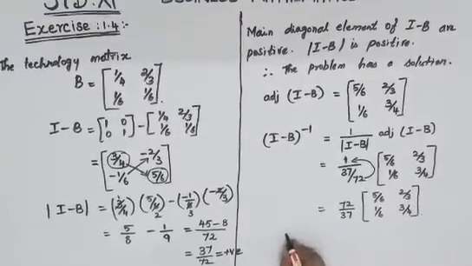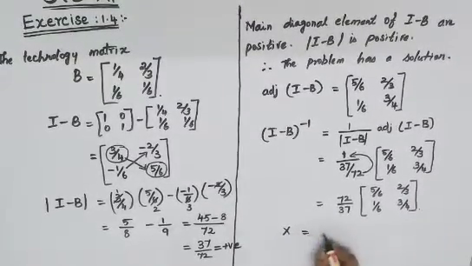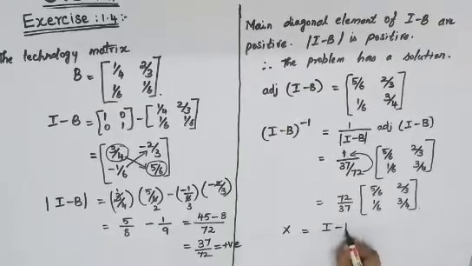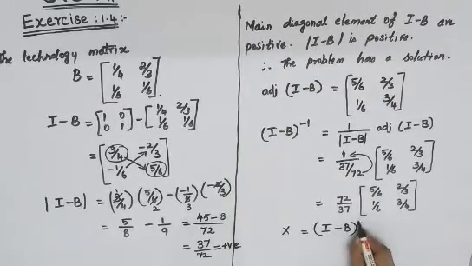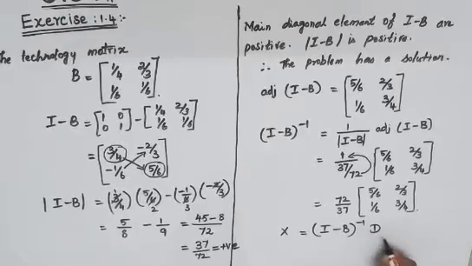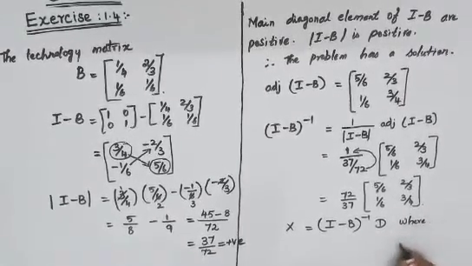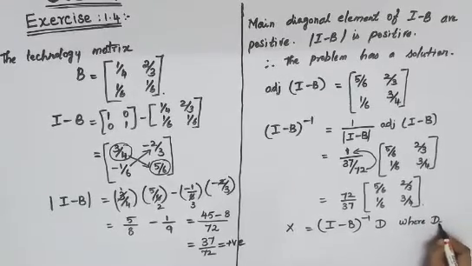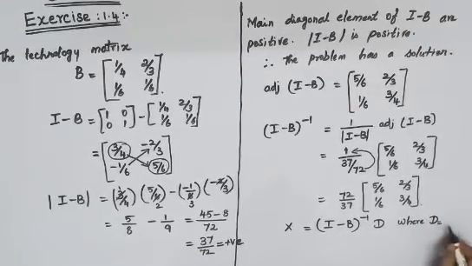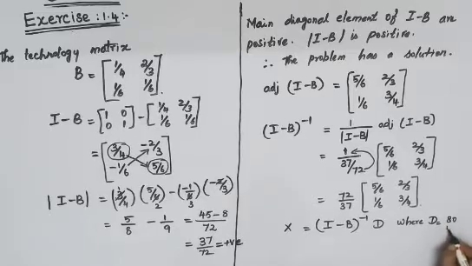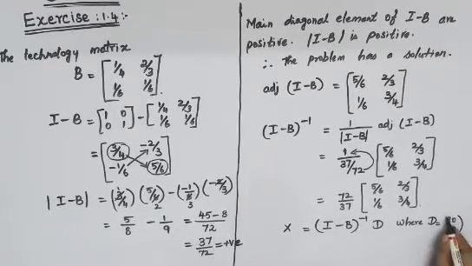The next you will have to find x. So x is equal to, your formula is I minus b the whole inverse into d, where d is given in the beginning as demand. So where d is equal to 80 and 40. So they have given demand in the question.